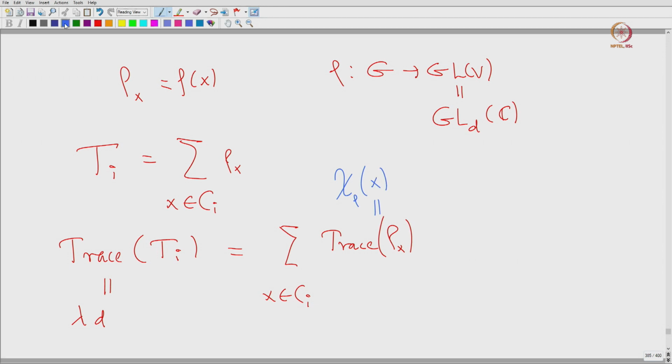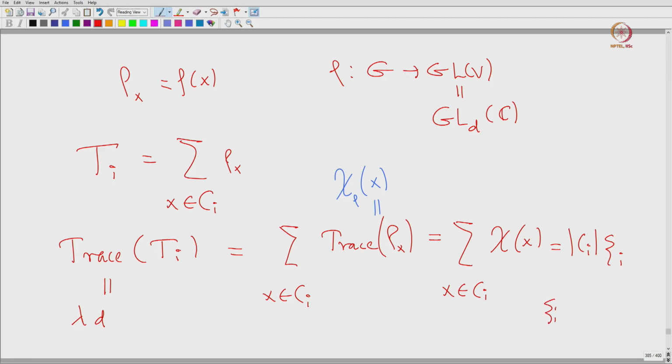So that means this is exactly summation of chi of x, x in Ci, but chi is a class function. So that means it takes the same value for all x in Ci. So that gives us the cardinality of Ci times the value of chi on Ci.